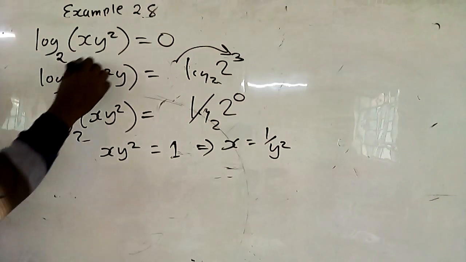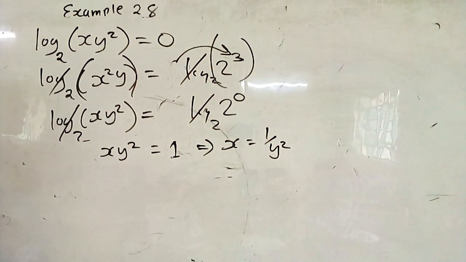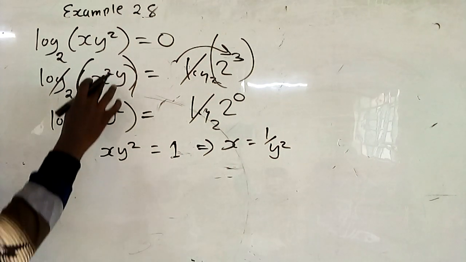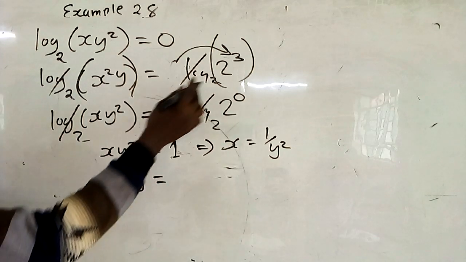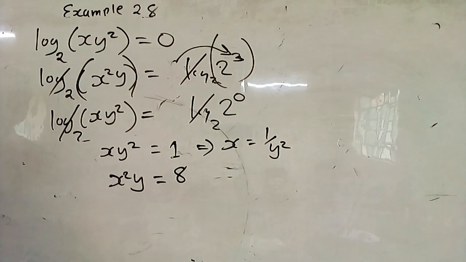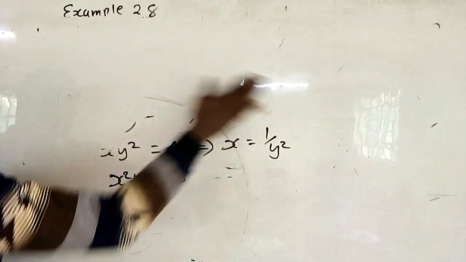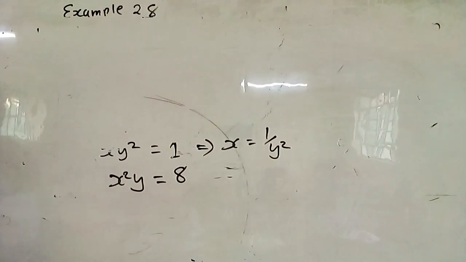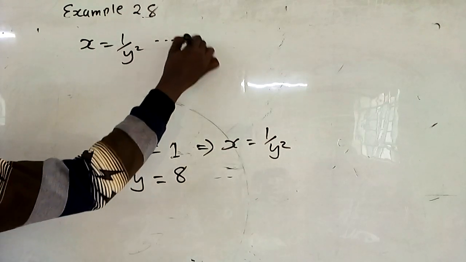Then you ignore the logs on either side, so you remain with x squared y equal to 2 raised to power 3, which is 8.